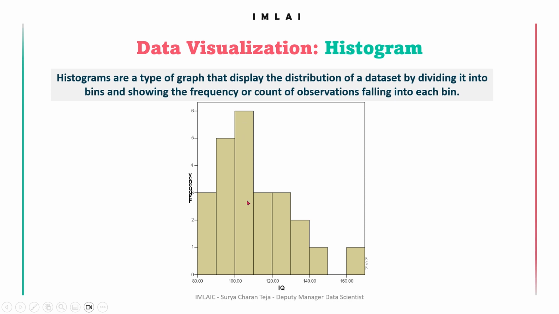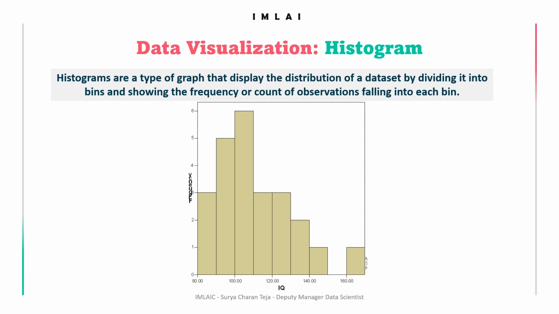With the overall shape, it's skewed to the 80 side, so it's left skewed. And then the spread of the data set, you can see the overall spread from 80 to, on the screen, 170.